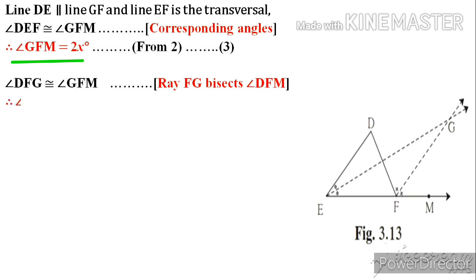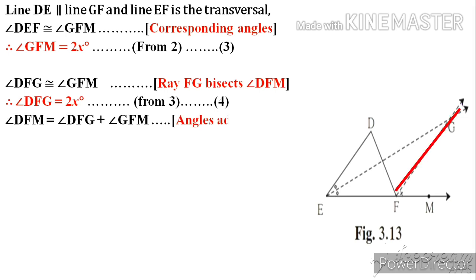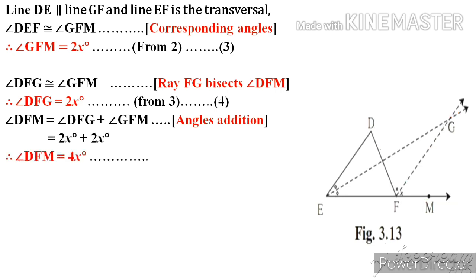Angle GFM equal to 2x degree. Now student, angle DFG is also congruent to angle GFM. Ray FG bisects angle DFM. Therefore, angle DFG equal to 2x degree, which we get from third, that is the equation number 4.